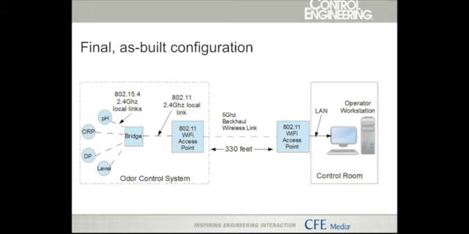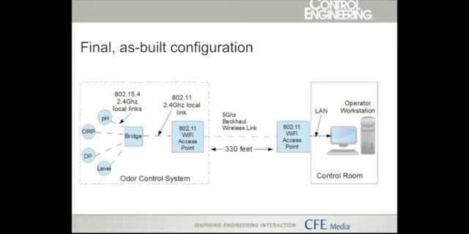So the final as-built configuration, as you can see, we added the bridge. The 802.15.4 2.4 gigahertz band communication exists between the primary sensors and the bridge. Then between the bridge and the Wi-Fi mesh point at the OCS, it was done over the 2.4 gigahertz Wi-Fi link.